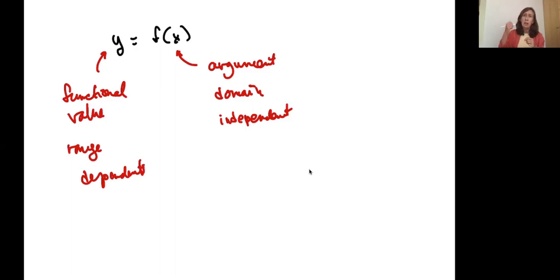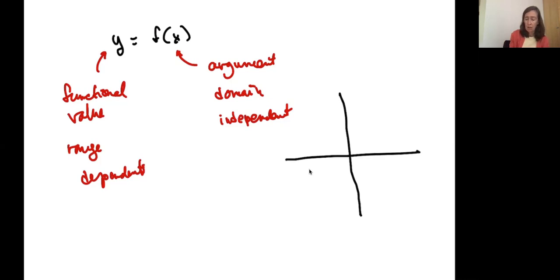You're going to see in the videos going forward that I'm often going to be using graphs to illustrate functions. And so let me just put a quick little graph here. The convention there is that the argument goes on the horizontal axis, so much so that we often will just call this the x-axis.